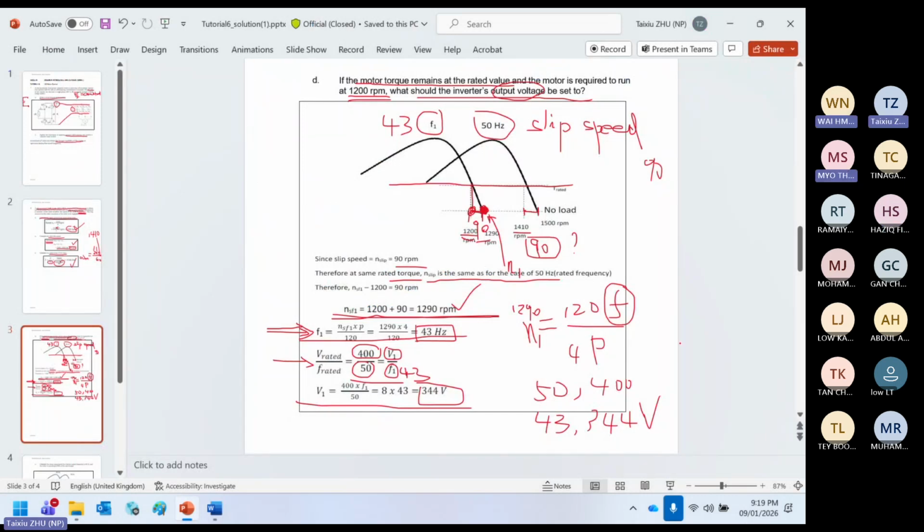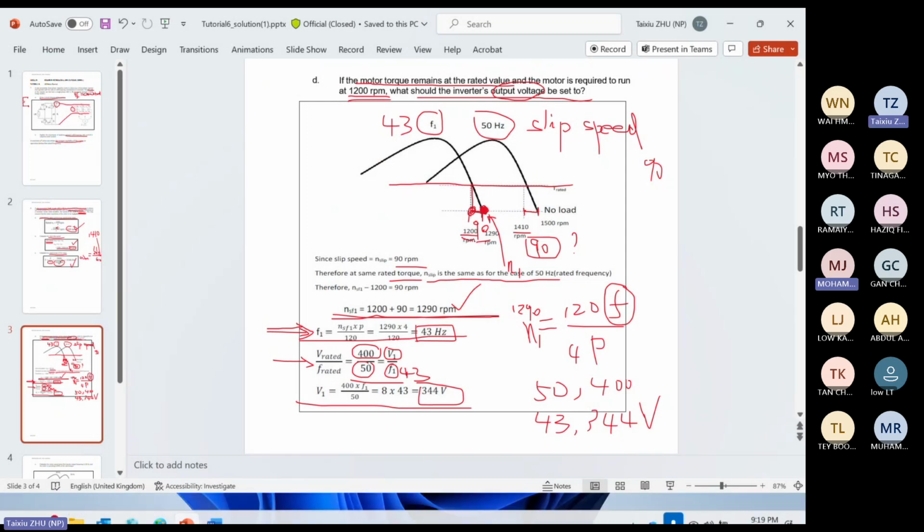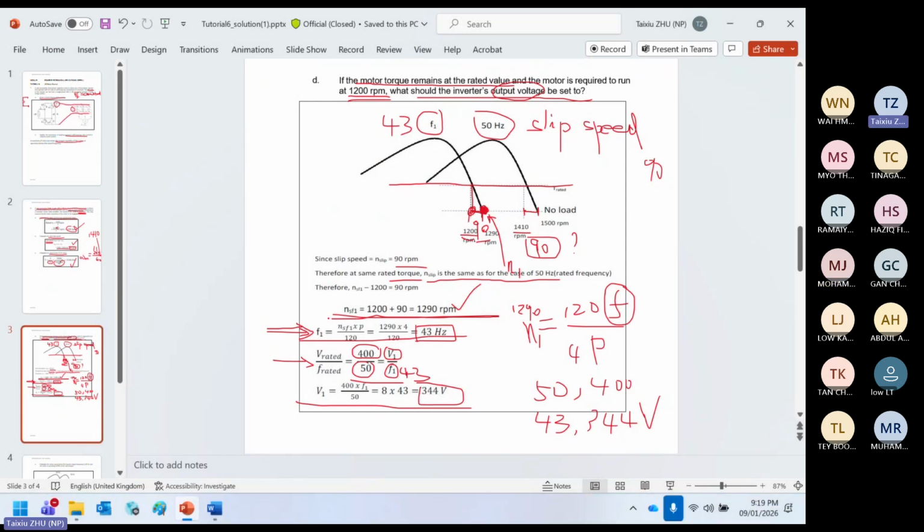Once you get the frequency, we apply the theory. Remember, your V over F should be a constant value. When the motor is driven by a 50 hertz inverter, you get a ratio V over F. Now I have a new frequency and also get a V over F. These two should be equal.